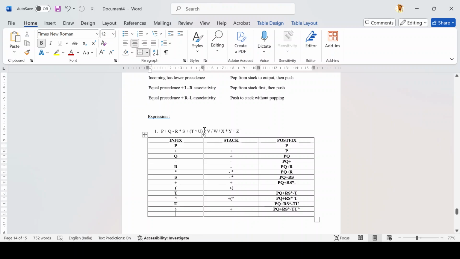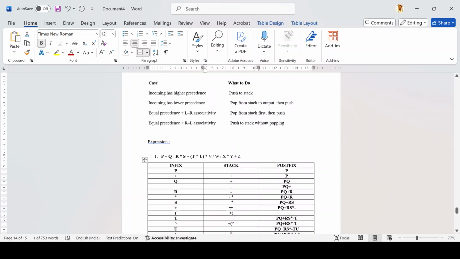Then I have a multiply, because the bracket part has been completed until this point. So then we have a multiply. What happens over here? The incoming operator has the highest precedence than the top of the stack.